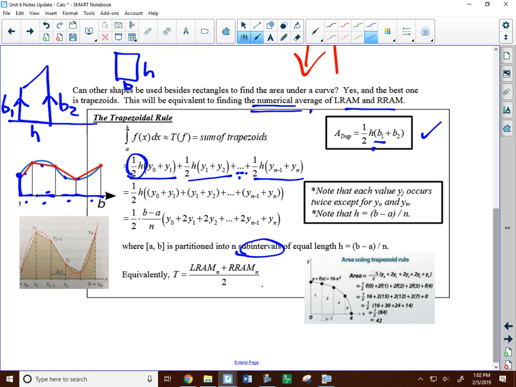So we can add them all up. Just as with the rectangles, there's something common. All of them have 1/2, and they have the same height, the bottom. So we factor that out, and we get the 1/2 h factored out. What we're left with is the first base, y0, and the second base, y1. For the second trapezoid, we had y1 and y2.